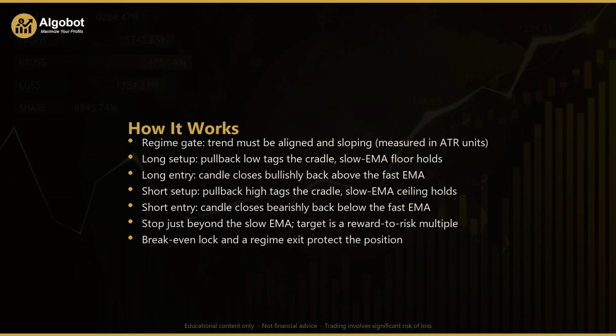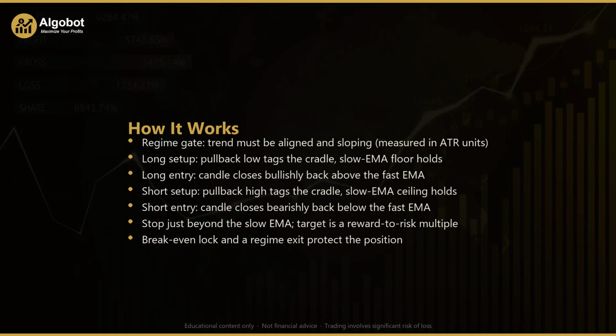And third, the candle must close bullishly back above the fast EMA. When all 3 agree, the strategy enters a buy at the ask price. If price had closed the cradle out by breaking the slow EMA, the setup is rejected outright. That rejection filter is the main reason drawdown stays contained, because it only ever takes continuations where the trend structure is still intact. The short side is completely symmetric.